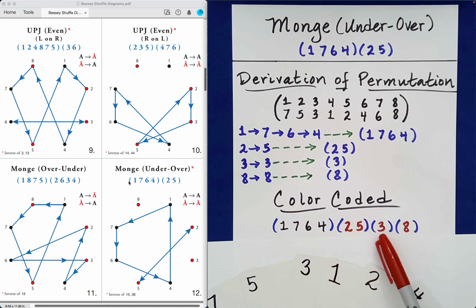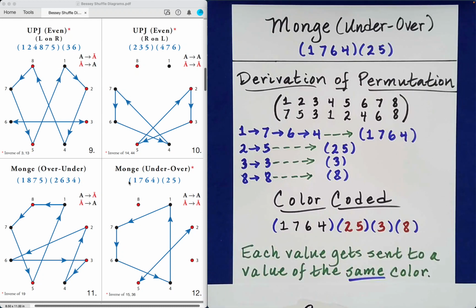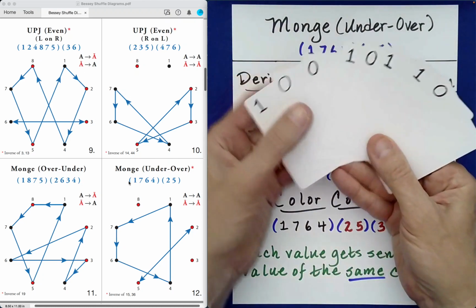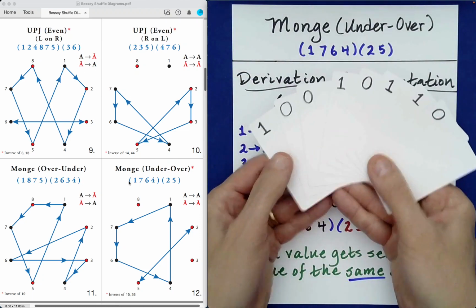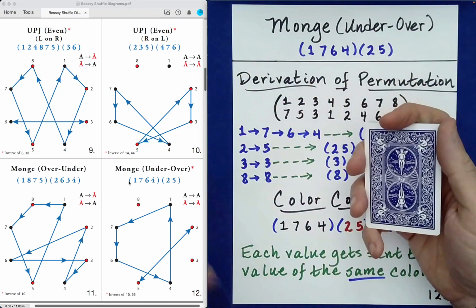And then we have a red 3 being sent to itself, and a red 8 being sent to itself. So here we can just conclude each value gets sent to a value of the same color. So what that means then is if we perform this shuffle on our quintessential Bessey sequence of 1 0 0 1 0 1 1 0, we get back to that original form.